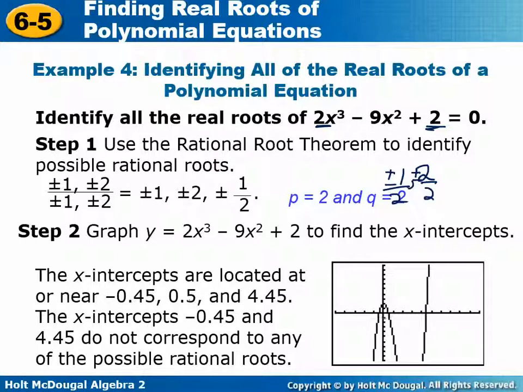It looks like it's crossing at decimal numbers and not at 1/2. Oh, here, there's one here, 1/2. But these two did not, so 1/2 looks like my best choice. Now, it would be pretty tricky to know that this was not -1/2. But you can zoom in, hopefully, or you can plot a point there and then find the actual value of it. So my best bet is going to be to use 1/2 as a root.